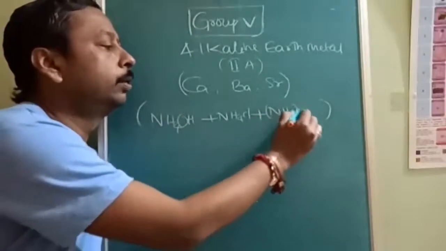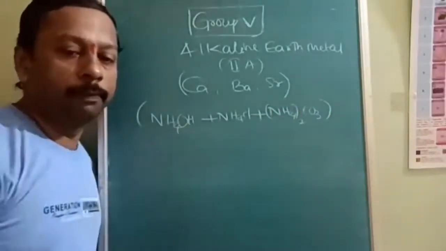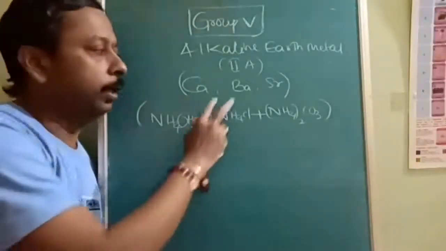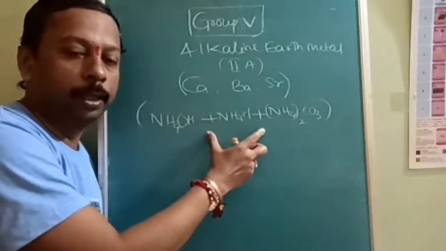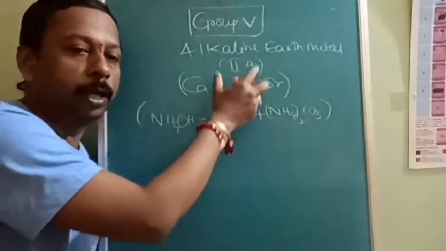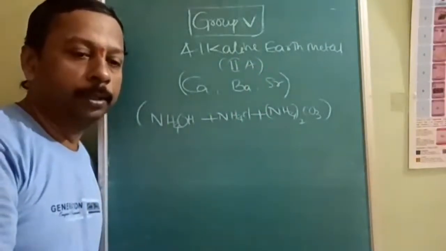These are the three reagents required for group 5. Elements also 3, group reagents also 3, and all elements belong to the alkaline earth metals, 2A of the periodic table. So note down, let's start with the algorithm.